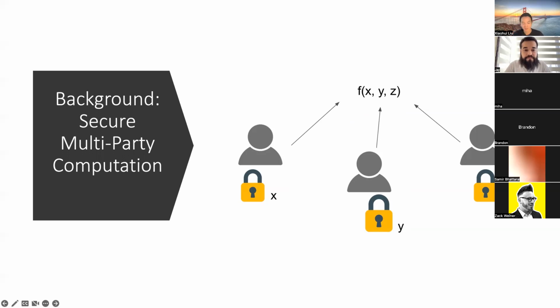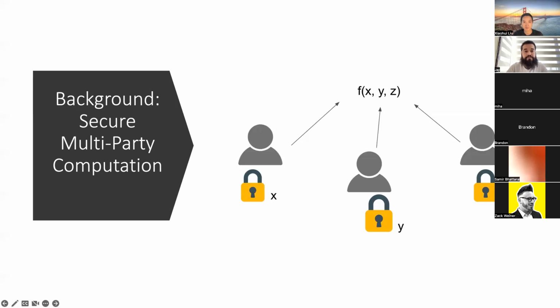Basically, let's say you have more than one party, right? And each one of them has some secret. Let's say here, 3 parties. They know X, Y, and Z, and they want to compute some joint function. Let's say they want to compute the sum, or the product, or whatever. Let's say they want to produce F(X, Y, Z) equal to X plus Y plus Z. But here's the trick.